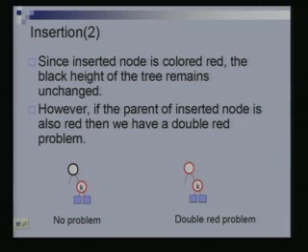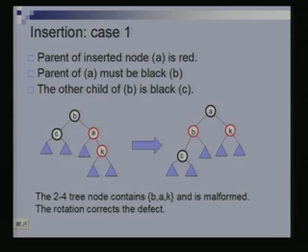We never encountered a double red problem in the case of deletion. In the case of insertion, however, we will never have the problem of black heights not being uniform. The black heights of all the external nodes will be the same, no problem on that front, but the problem will be one of a double red. So, we have a double red problem, and let us see how to take care of this problem now.